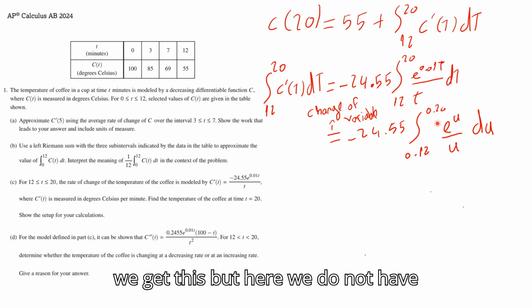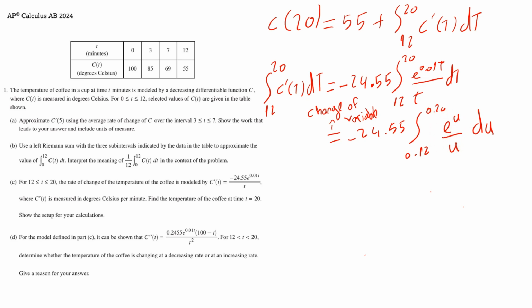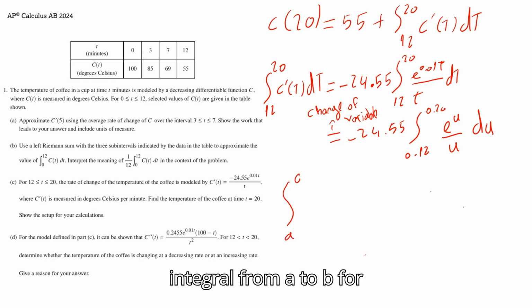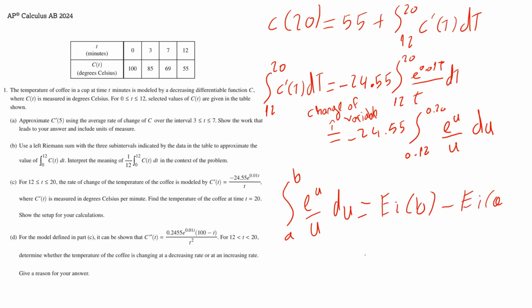We get this, but here we do not have an elementary antiderivative for this. But we can use this rule: if we have the integral from a to b of e^u over u du, it equals Ei(b) minus Ei(a).